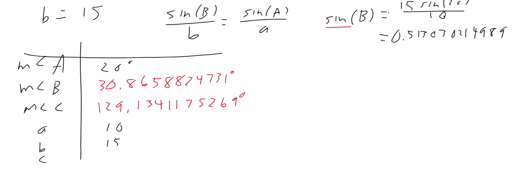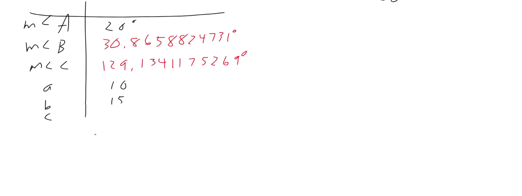And then finding side C, we'll go back to what we did before. And let's use side A and angle A because those were given to us. So we're going to get 10 sine of 129.1341175269 divided by sine of 20.